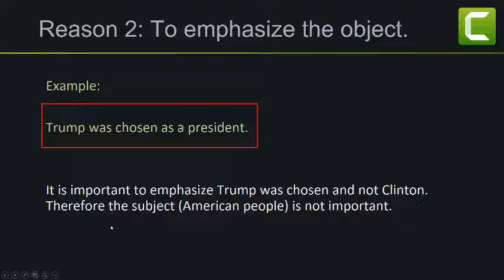Therefore, the subject is not important here. The subject is American people. For example, in an active sentence, we should say American people chose Trump. But we don't need to say so. So, Trump was chosen as a president. That's enough for us.